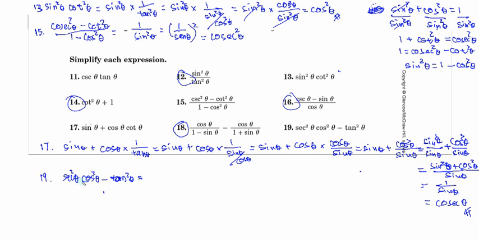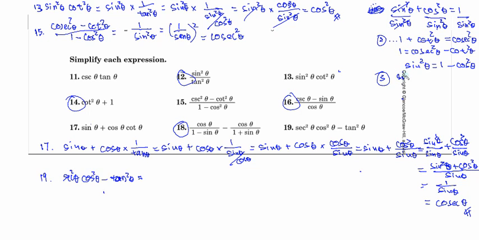Let's see whether we can use the identity to simplify. This is the second identity. The third one, let's review the third one and see whether we can do anything. The third one is divided by cosine.